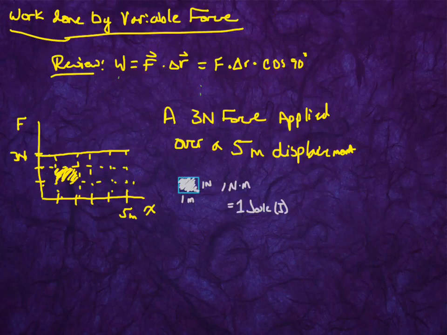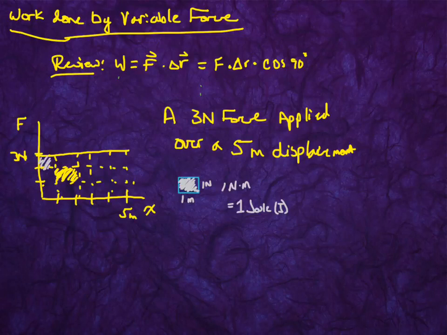Okay, so I'm sure you see where this is going. We have this totally profound idea in science and math that whenever we have a value that is the product of two other values, we can take the area underneath the graphic relationship of those two variables, and that would be the product. That value is the product.